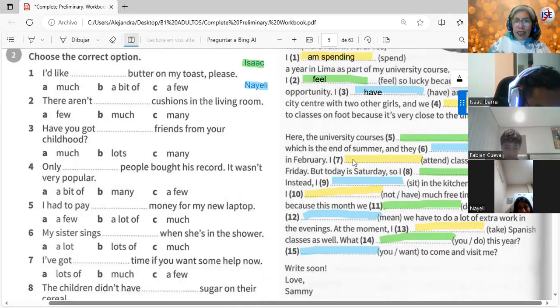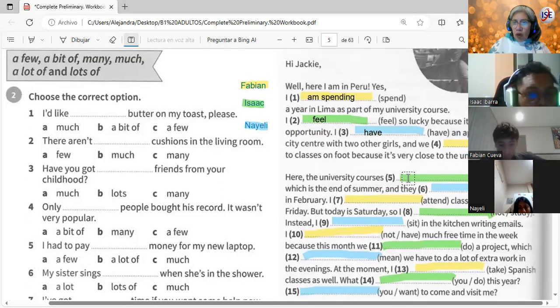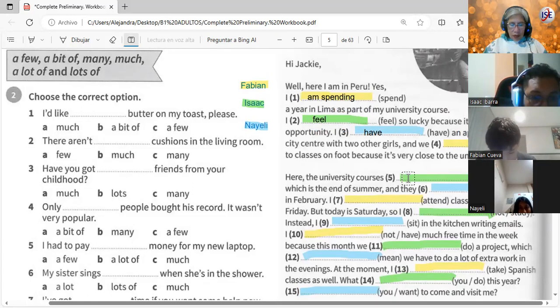Okay. Isaac, here the university courses start in April. Okay, because it is periodical. It's something that happens every year. Every year in April, the courses start.